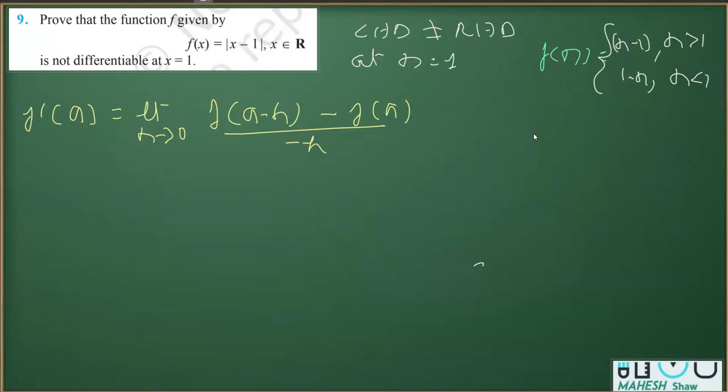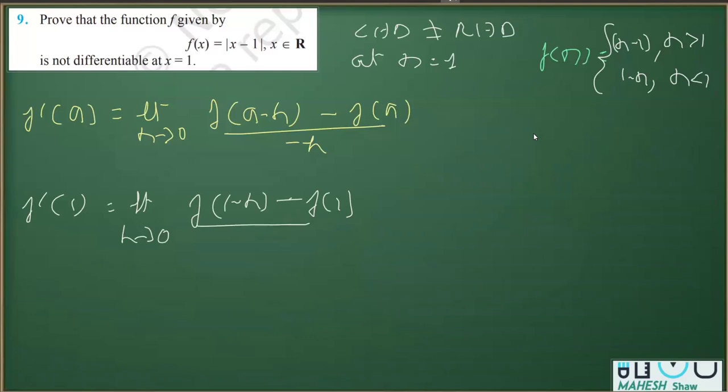Right. So we have split the function, and now I'm going to use this for LHD. For limit h tends to 0, what I'm going to calculate is f'(1). That is f'(1) = limit h tends to 0, with a replaced by 1, [f(1 - h) - f(1)] / (-h).